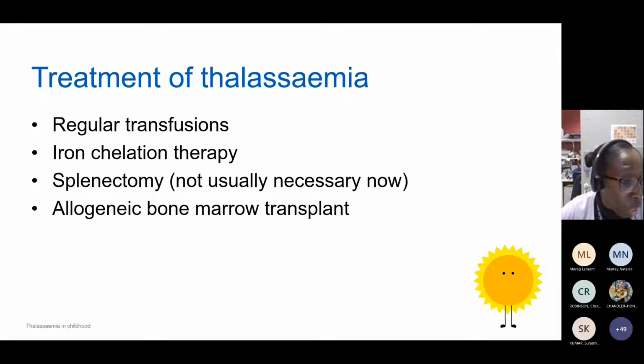We knew that she had a match from quite a young age, but the parents were a bit reluctant. But as she's got older, I think the child is expressing her thoughts on it as well, and now they're going for a bone marrow transplant. And there's also gene therapy going on. But for this short presentation, I'm just going to look more at the transfusions and a bit about iron chelation.